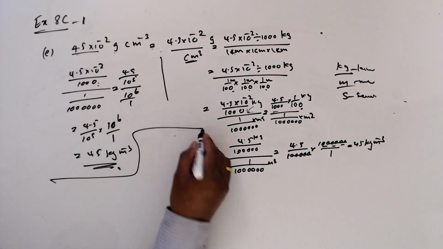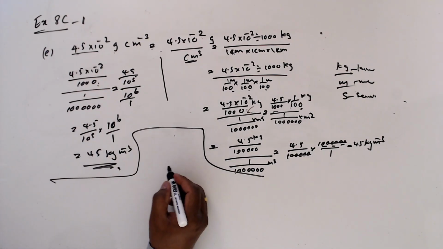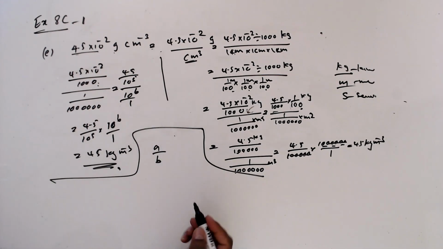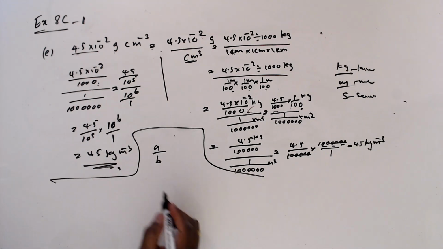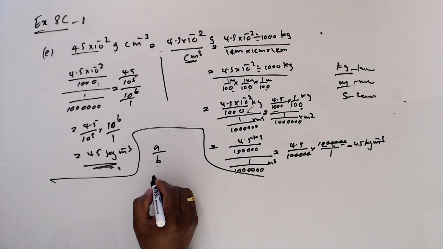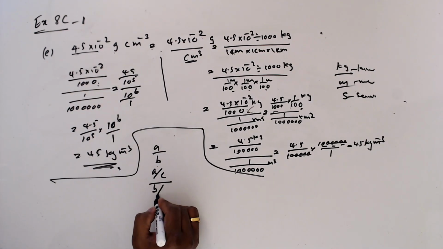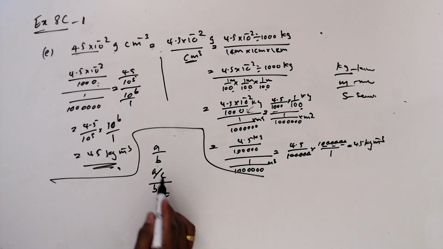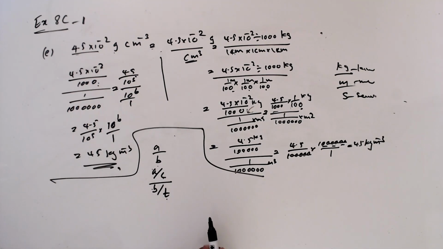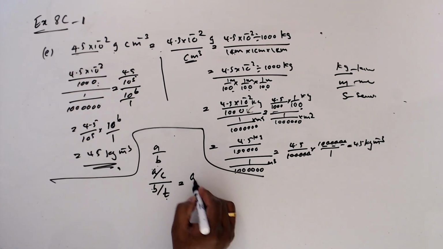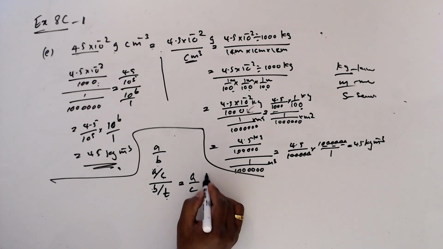Assume I have a and b, a divided by b. So I want a divided by b, so I divide a by c and b by t. Then the final answer you can see is a c over b t.